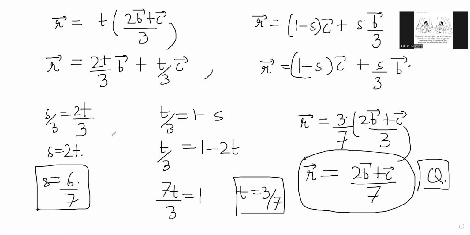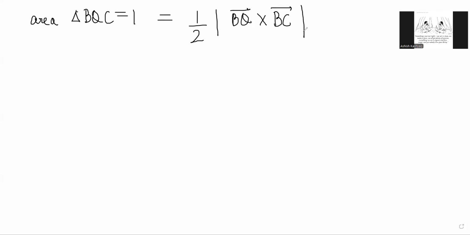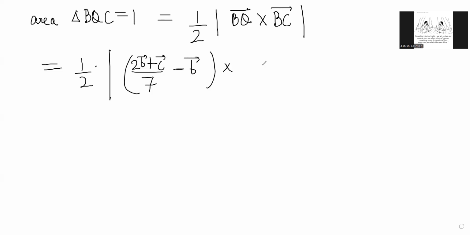Now we will use the fact that the area of triangle BQC is equal to 1. And that should be half of the mod of BQ cross BC, right? Okay, so I will do this. That will be half of BQ, which is (2b plus c) by 7 minus b, cross product with BC, which would be c minus b.